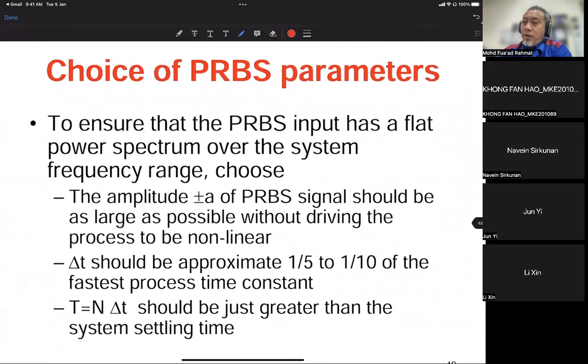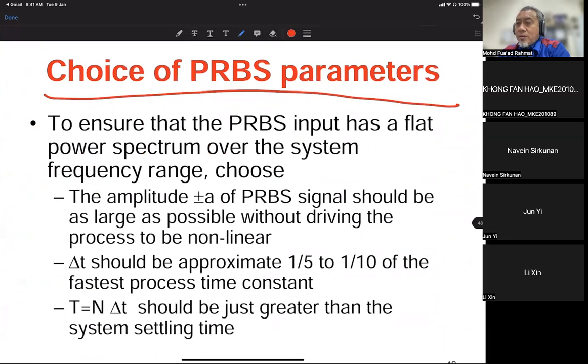So what choices do you have in order to design the PRBS parameters? To ensure the PRBS input has a flat power spectrum over the system frequency range, the amplitude of the PRBS signal should be as large as possible.